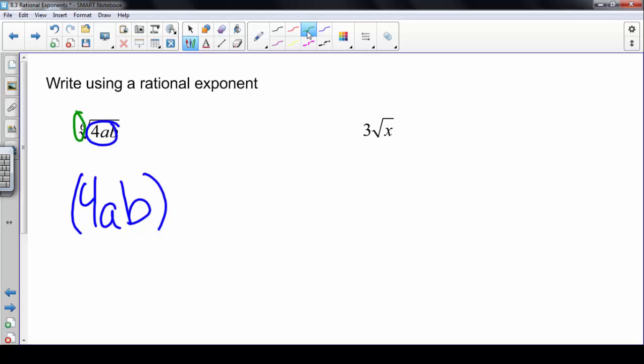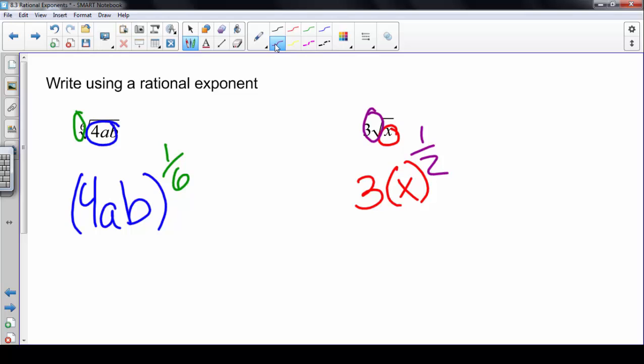Our root was 6, so it's to the 1/6 power. This second one, notice it's only the x that's under the root. So only that x needs the exponent. And since it was a squared root, it's just the 1/2 power.